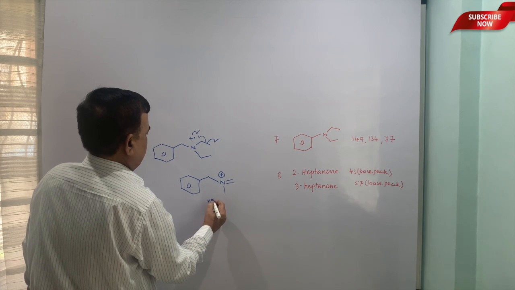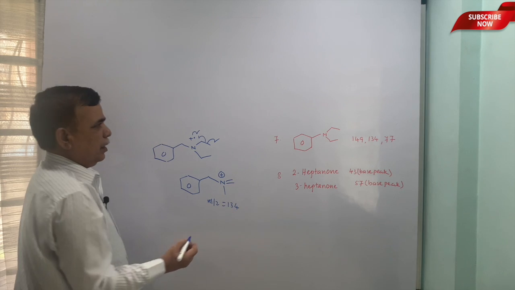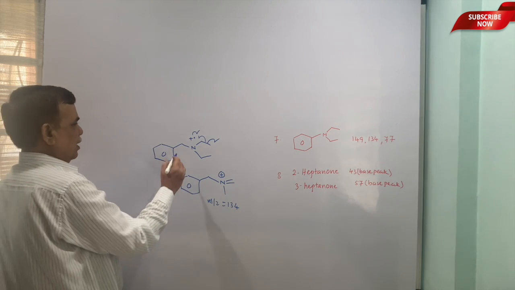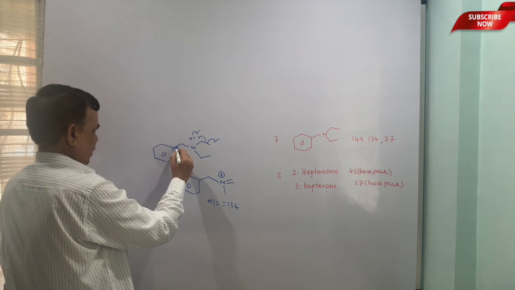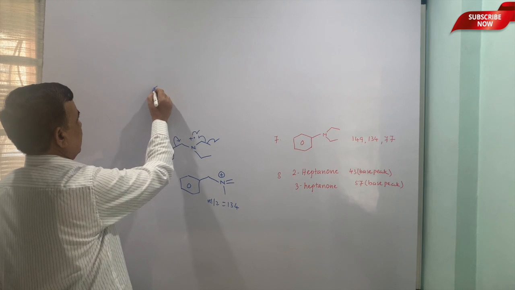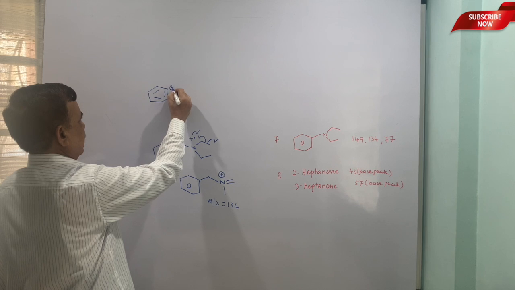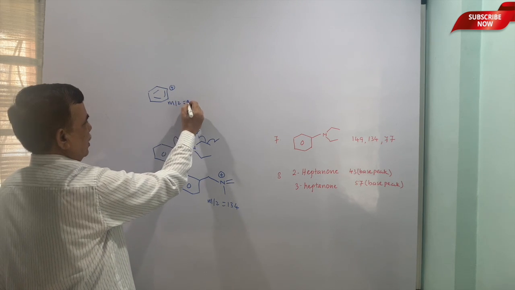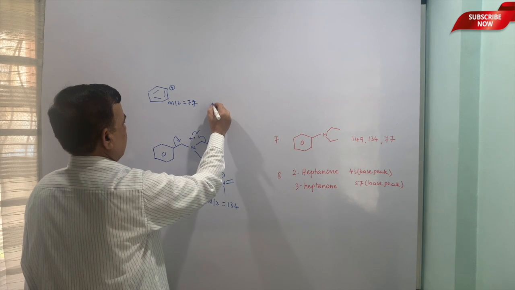Now this is M by Z is equal to 134 because 15 is lost, and second peak is you are getting rid of this bond heterolytically, so that you get this phenyl cation, M by Z is equal to 77, and how to show the other part, that also I will show.